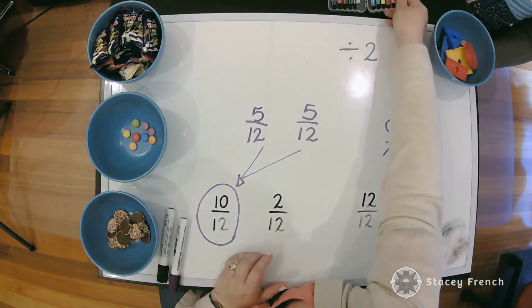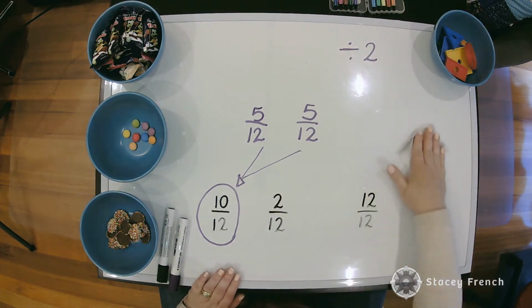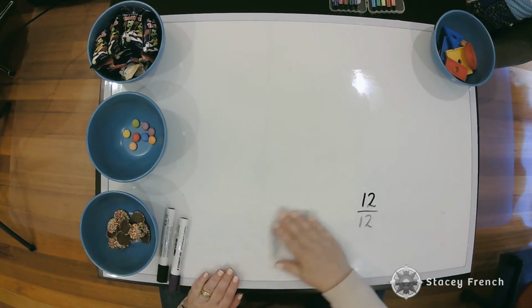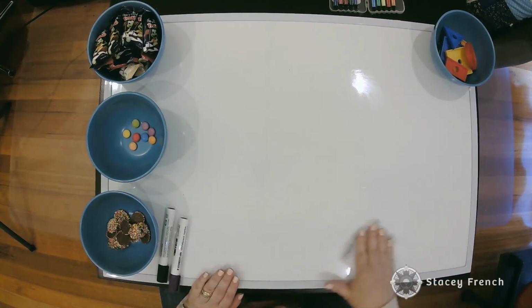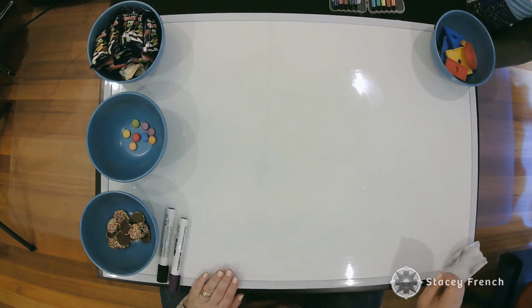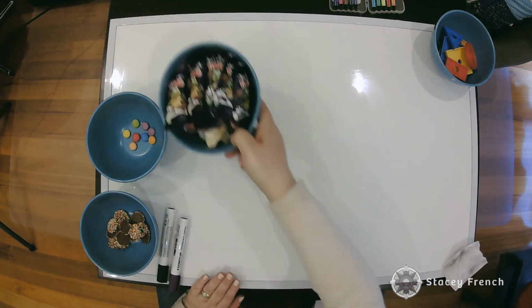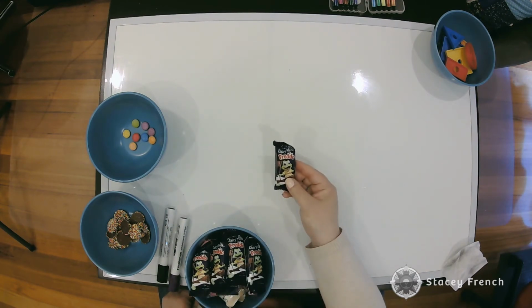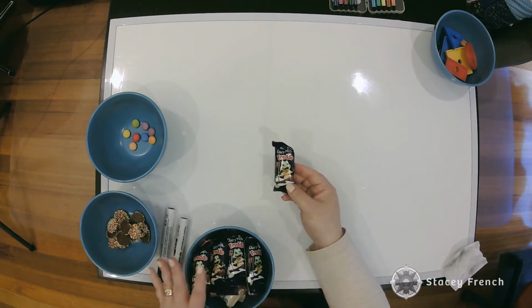Right. Let's try something a bit different. Let's try having a look at a bag of my favorite chocolates. These are Fritos. Frito frogs. They're chocolate frogs. Yummo. I bought a whole bag of them.